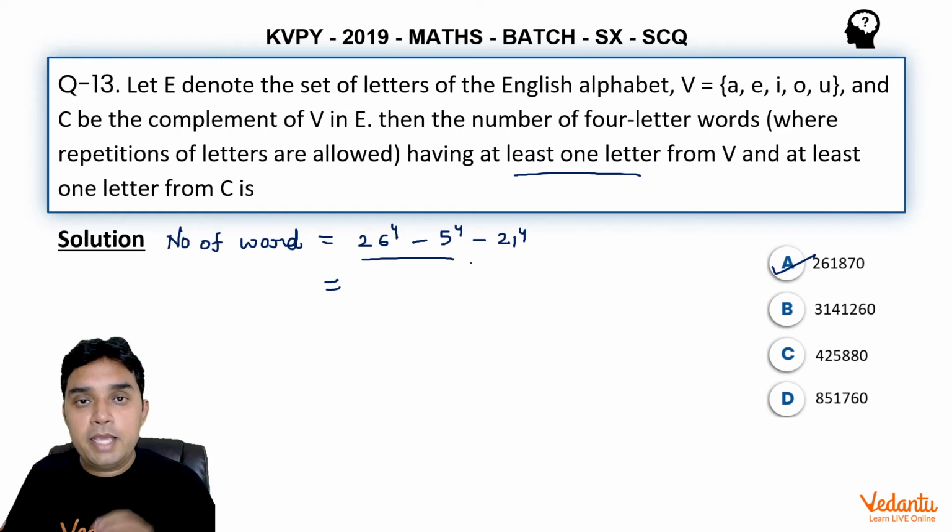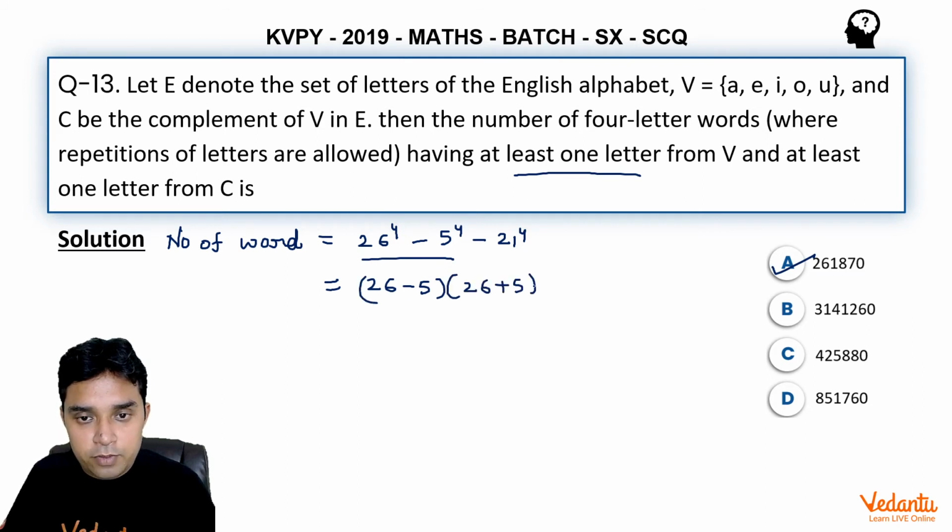I can use the a square minus b square identity 2 times, and this will become (26 minus 5)(26 plus 5)(26 square plus 5 square) minus 21 power 4.